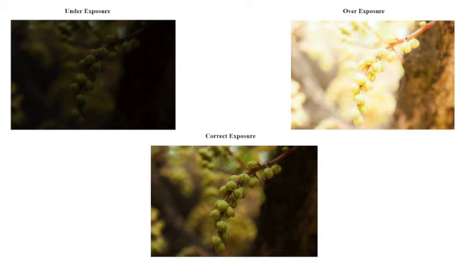In the example, you can see an underexposed image, an overexposed image and a correctly exposed one. With this example, you will find why you need to know about the exposure method. Auto exposure sometimes will give you very correct exposure, but not always.